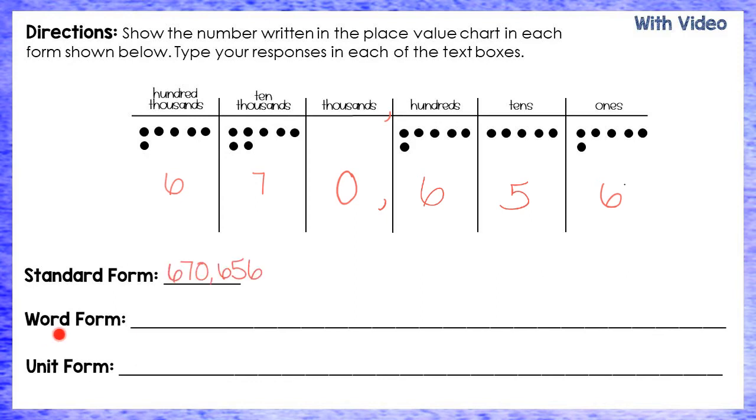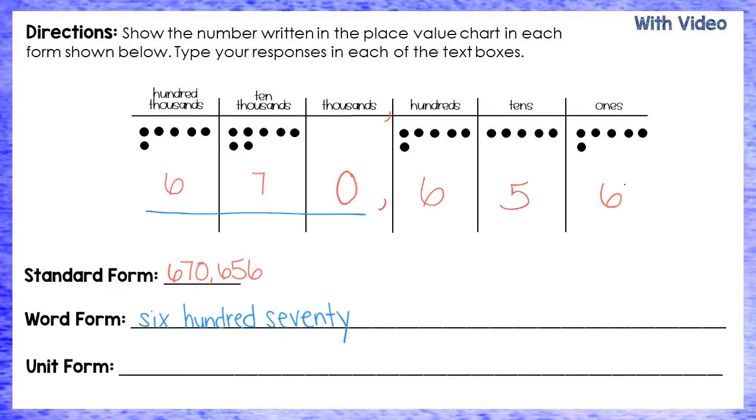Now, word form. We have to write it exactly like we say it. I'm going to underline the first 3 places, the 100,000s, the 10,000s, and the thousands, because that is the part we're going to read first. So this number, we can say it all together, is 670. So we're going to write 670.